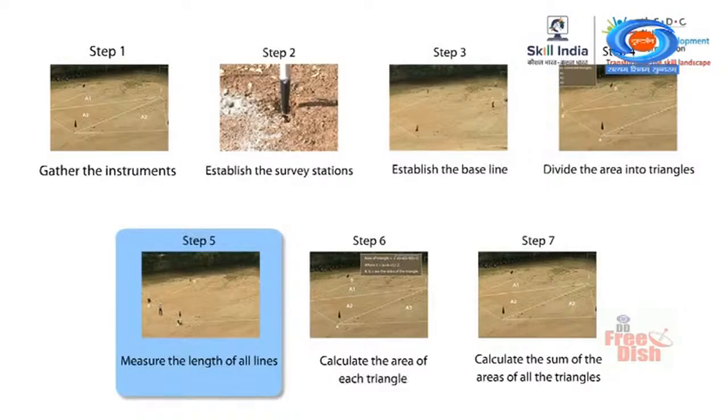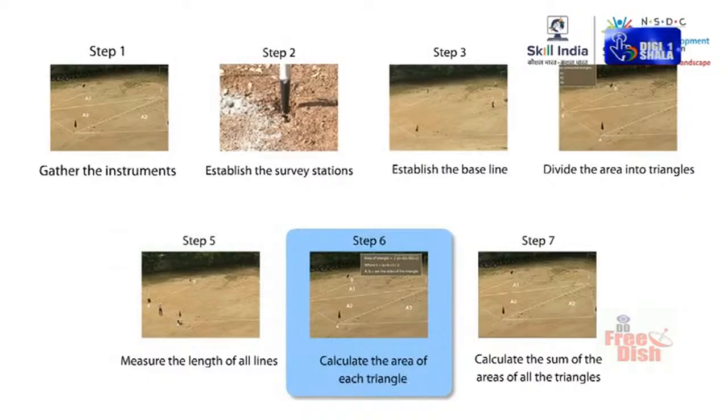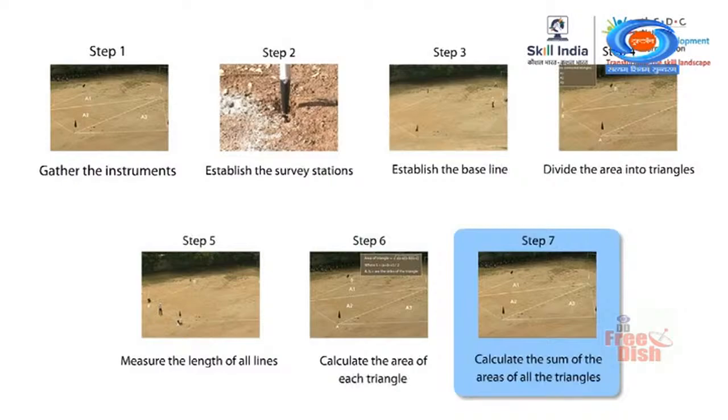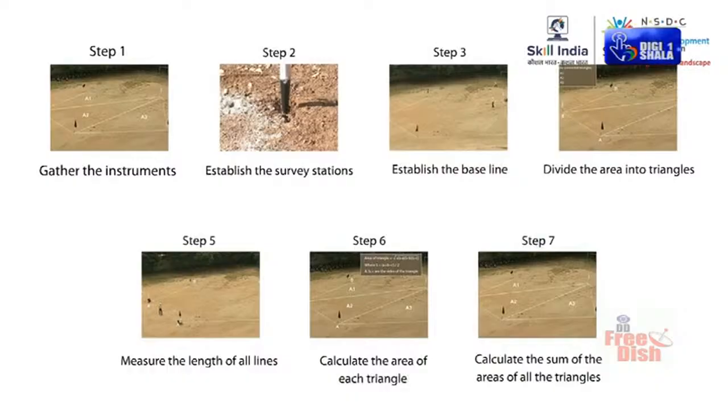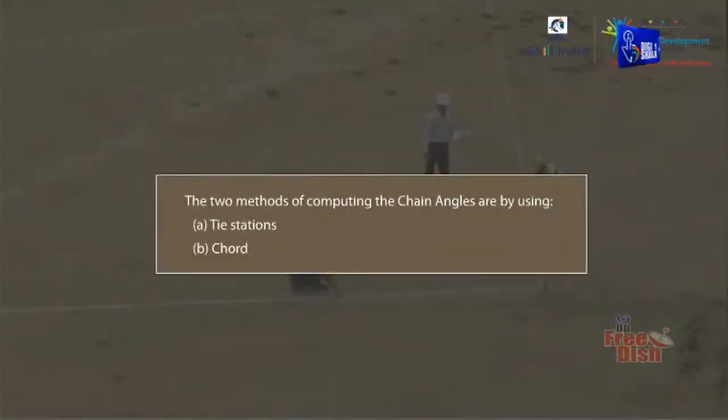Step 5. Measure the length of all lines. Step 6. Calculate the area of each triangle. Step 7. Calculate the sum of the areas of all the triangles. The two methods of computing the chain angles are by using tie stations and chord.